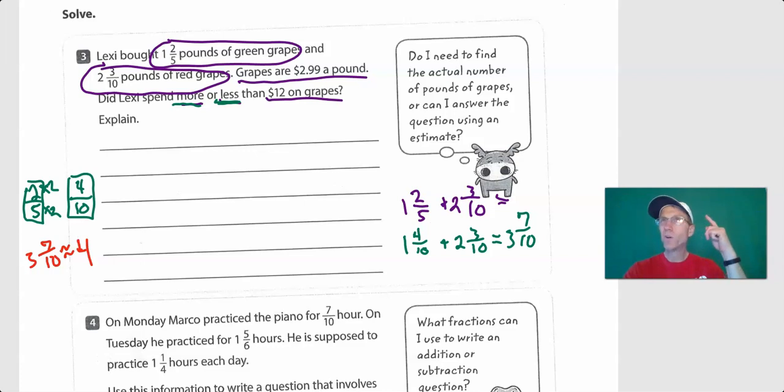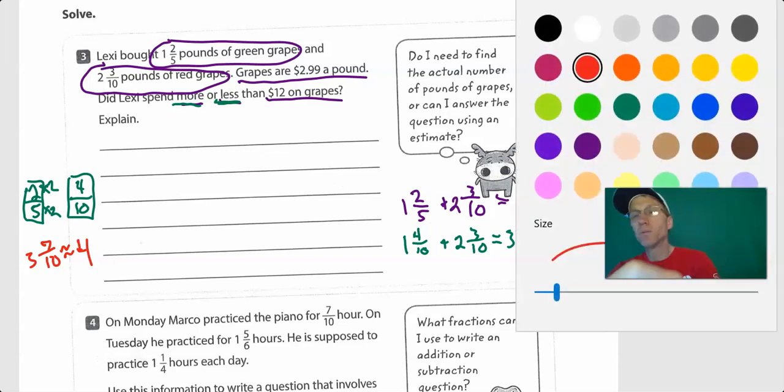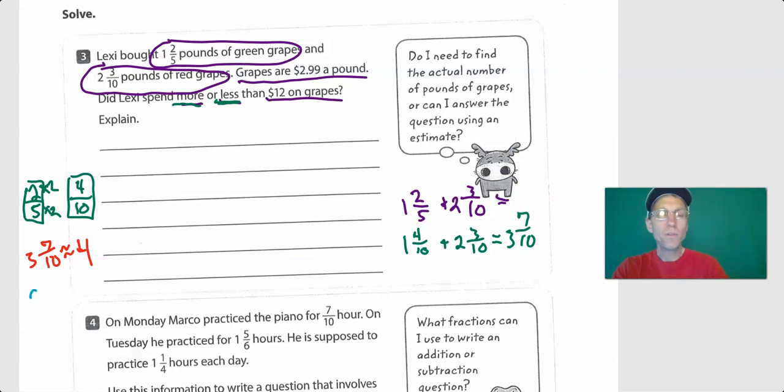When we finish our estimate, it'll be a little high. We also know that they're $2.99 a pound. That's an awkward number to work with, and we just want to know if she spent more or less than $12. That's about $3, right?